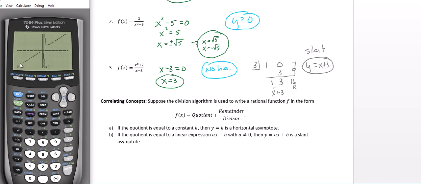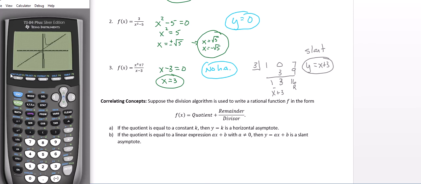So what I'm suggesting, I'm flat out telling you, is that if I graph the line x plus 3, and let's go ahead and make that a dotted line. There we go. We can see that as x goes to infinity, f of x follows this line.